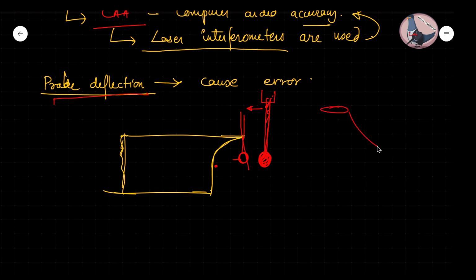Suppose there is some internal dimension which has to be measured, and you are putting a probe inside thinking that there is another surface, it will touch any other surface and there will be some deflection in the stylus, and the measurement taken will not be very correct. So such probe stylus deflection due to the contour of the job cannot at all be eliminated, and if it is happening then some error will seep in. Fine, so these are some machine conditions.